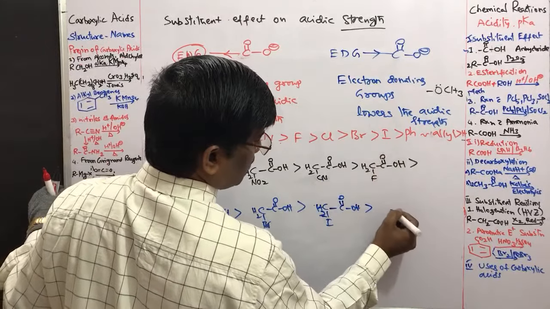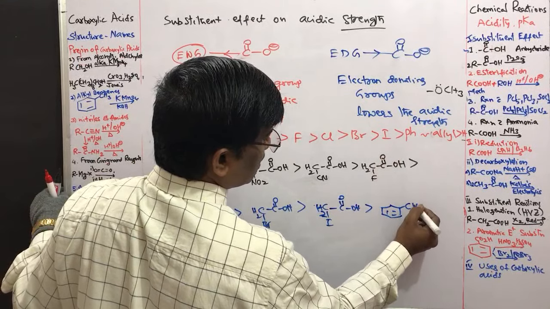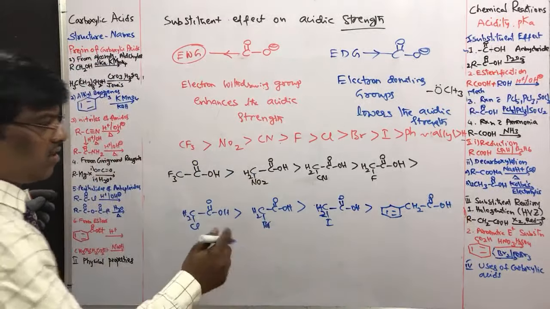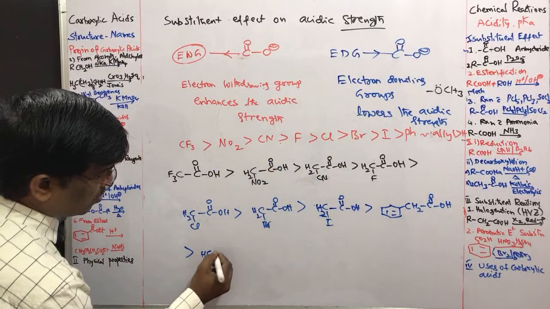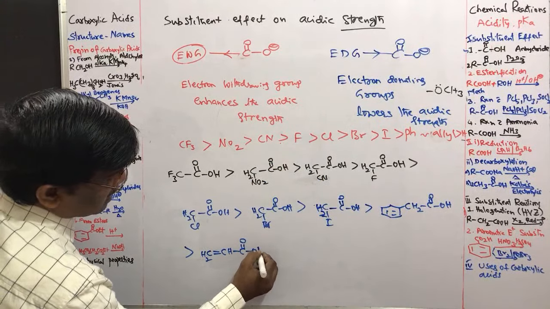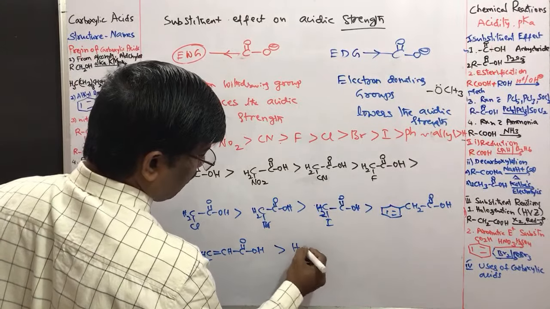Then phenylacetic acid, yes. So this is the order, students. Then allyl is CH2 double bond CH, this is allyl acid, and followed by formic acid.